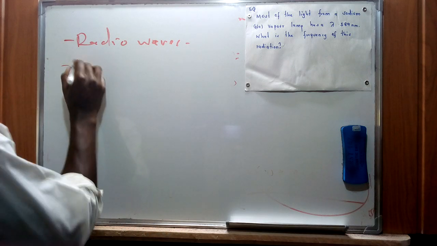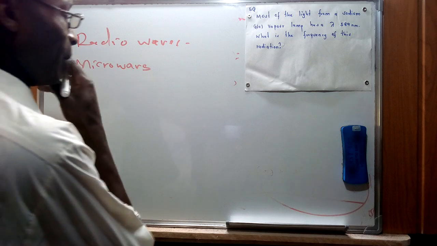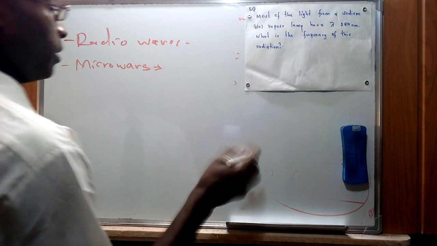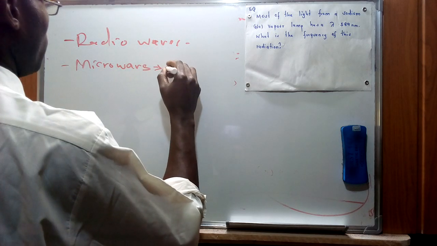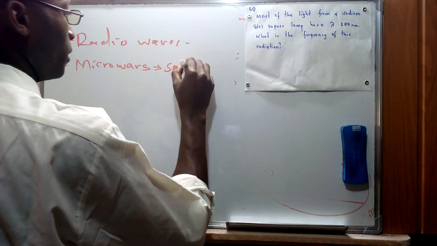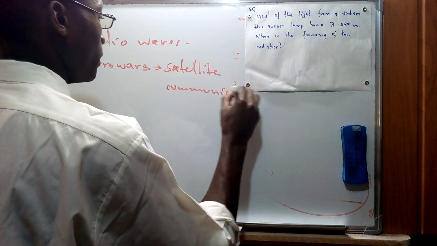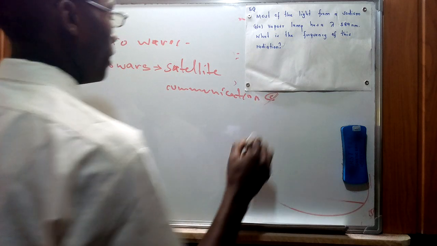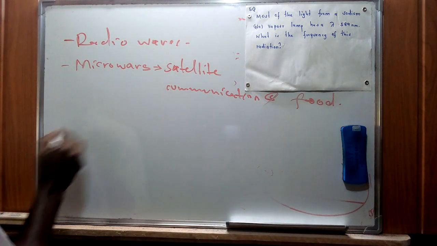Then we have the microwaves, which were on the right side of the radio waves. These can be used for satellite communication, and even in cooking. We have microwave ovens in our homes.